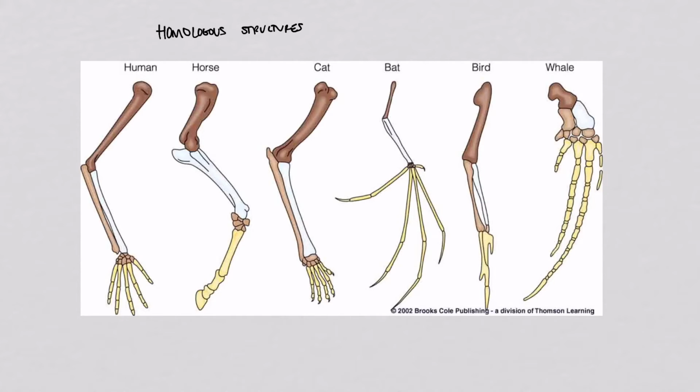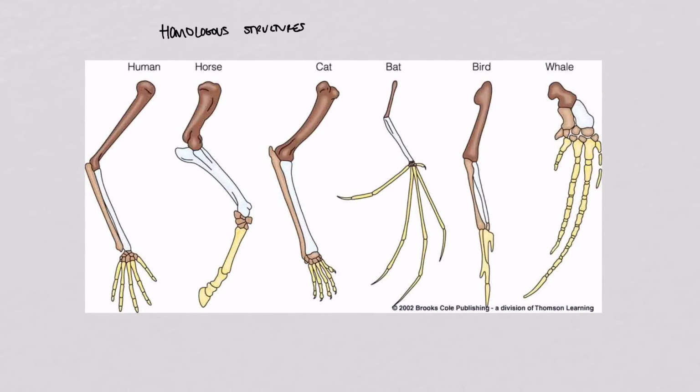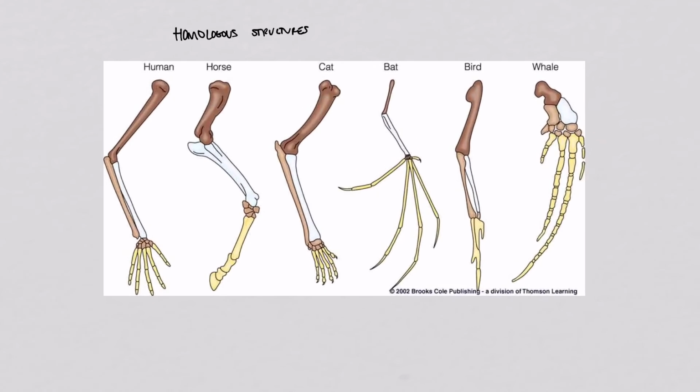So the most likely explanation for the fact that we all share these homologous structures is that we all evolved from some common ancestor that also had this basic body plan, with different types of bones. Okay, so that's the next piece.